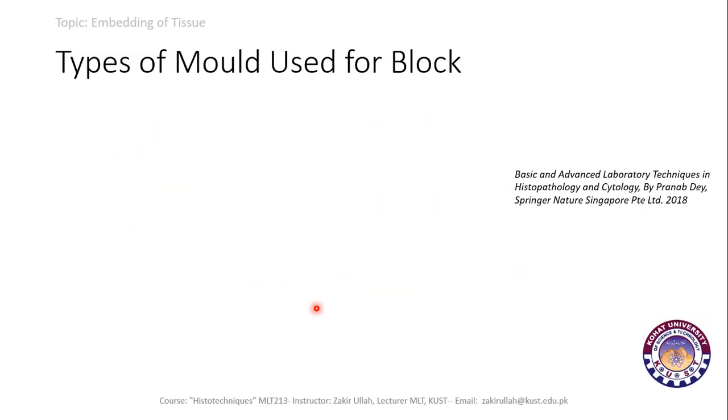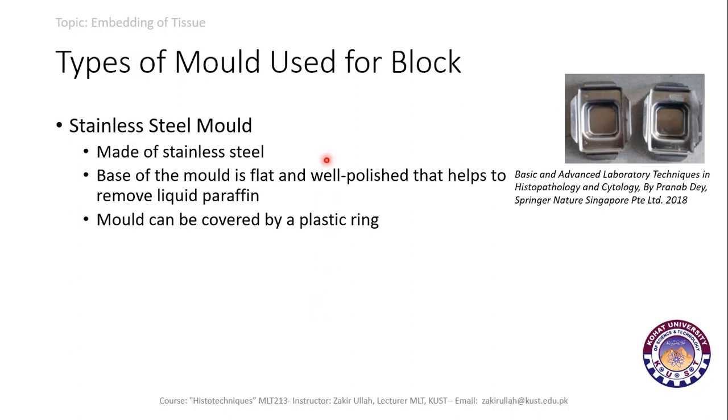The different types of molds, the different structures used for blocking, are as follows. The first one is the stainless steel mold. It is made of stainless steel, and the base of the mold is flat and well polished, which helps to remove the liquid paraffin. Here is the structure of the molds.